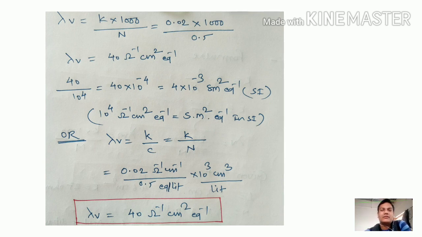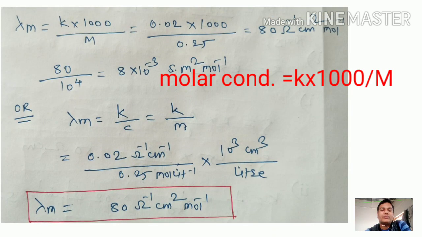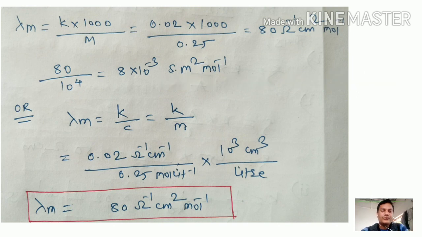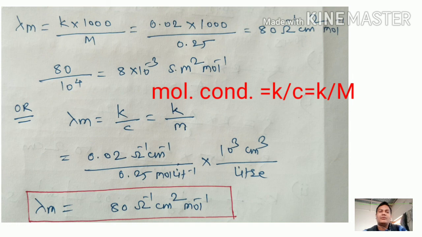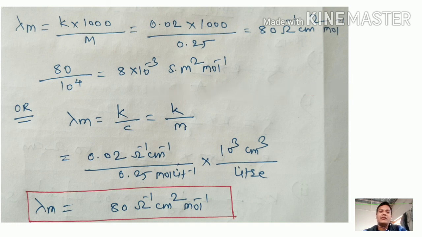Now you can calculate molar conductance by using the same formula. Lambda m is equal to K into 1000 upon capital M, that is the molarity. So 0.02 into 1000 upon 0.25, that is equal to, after calculation, 80 per ohm centimeter square per mole. Or by using the same formula which we used just before for the calculation of equivalent conductance, that is the other method, lambda m is equal to K by C, or that is equal to K by M. Only replace capital N by M. So normality is replaced by molarity.